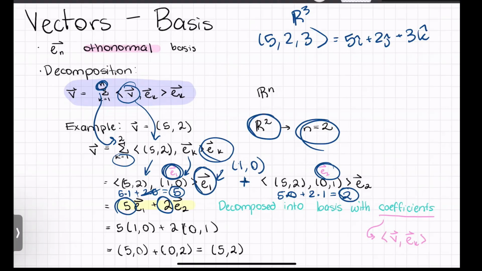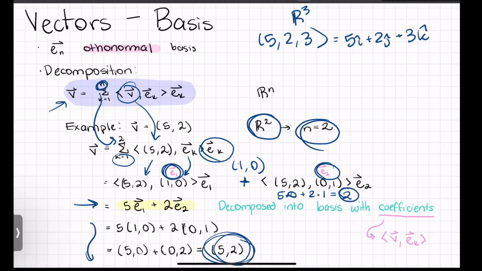Why? So we can see more clearly how we have decomposed our vector through this mathematical formula into its bases. And again, if you want to see it returned back into its normal vector, you can just work your way forwards again. But notice we've decomposed this vector into bases with coefficients.